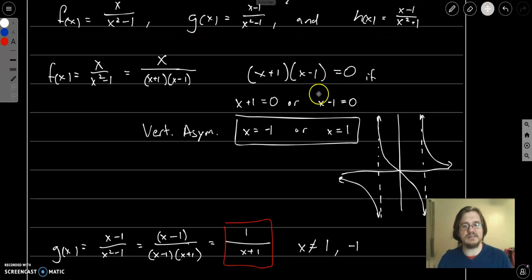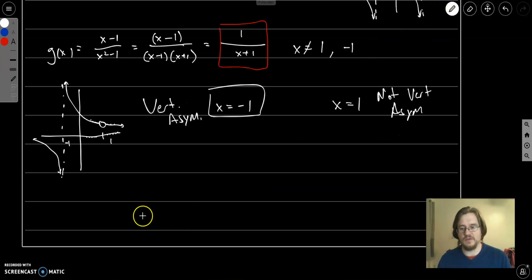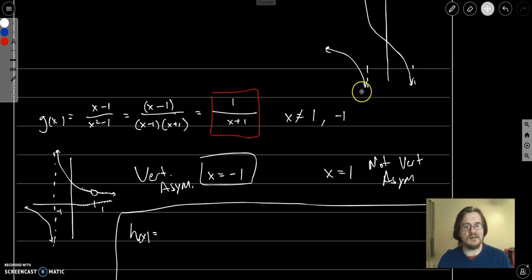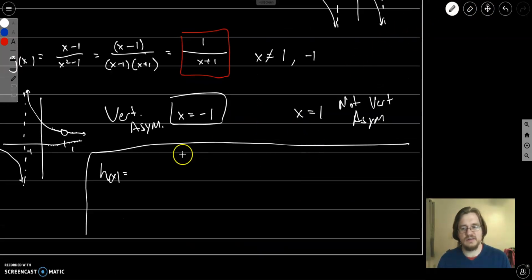The very last function, h, I don't have a whole lot of room, but it'll be just enough. With h of x, we have x minus 1 over x squared plus 1. And here, the bottom of this is never equal to 0.